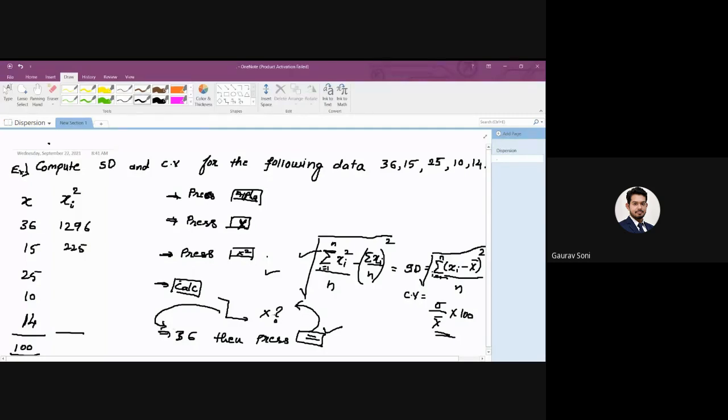Once you see x question mark, you give 36, press equal to, it will give you the square. Again you press equal to, it will ask you the next value of x, that is 25, the square you will get is 625. Sir, the total summation is 2442. Yes, it's 2442.